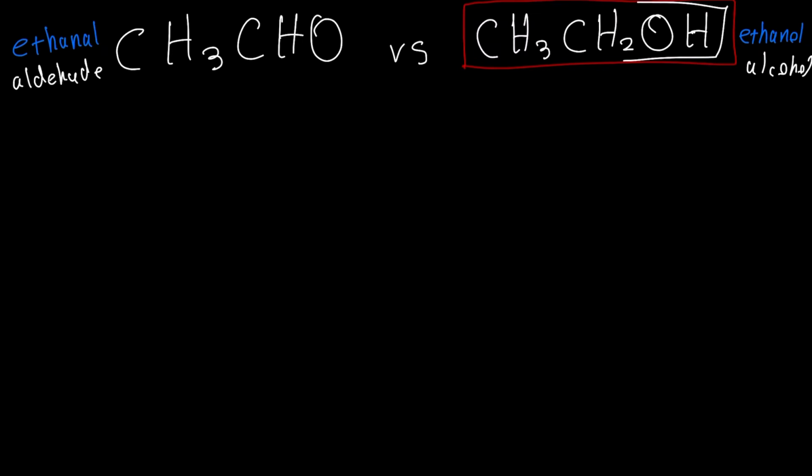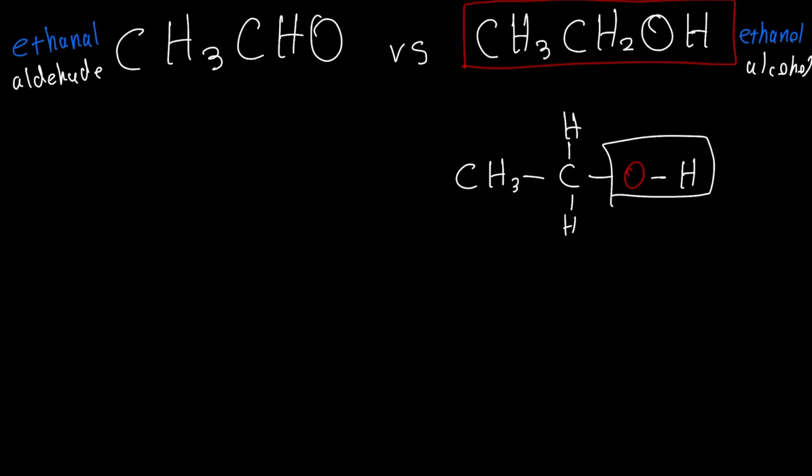Whenever you see OH like this written in the condensed formula, it means that you have an oxygen and a hydrogen attached to a hydrocarbon chain, and this is called a hydroxyl group or an alcohol. A lot of times you'll see it written like this, OH.